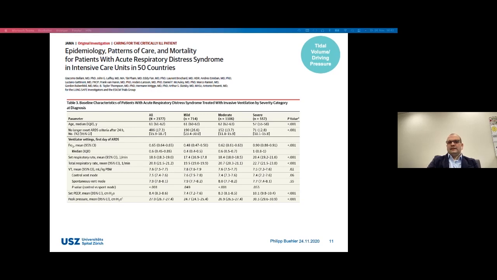Compared to the LUNG SAFE study, this is certainly acceptable, especially in the L-type phase, with more liberal management of tidal volume, up to 8. You see it in the LUNG SAFE study. In severe ARDS patients, tidal volumes around 7.5 should be applied with regard to mechanical power and frequency compensation.